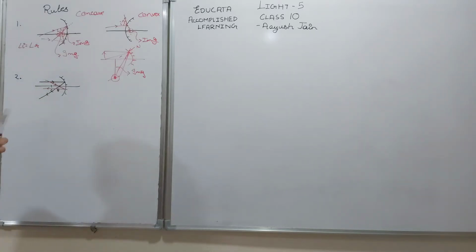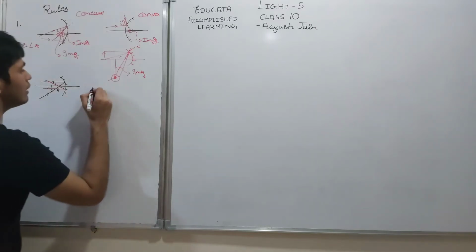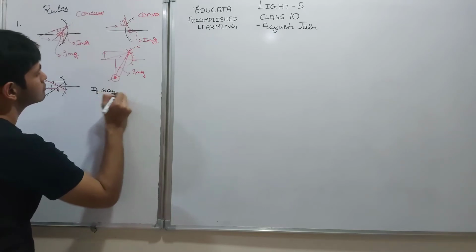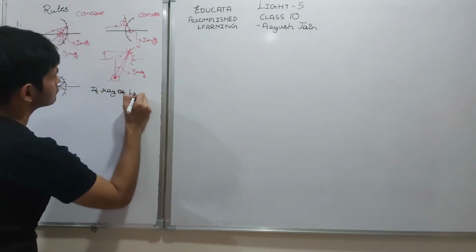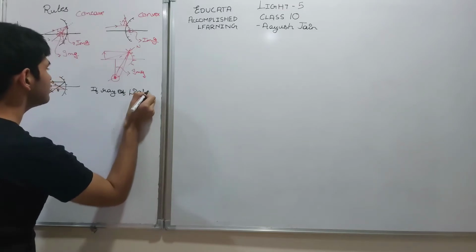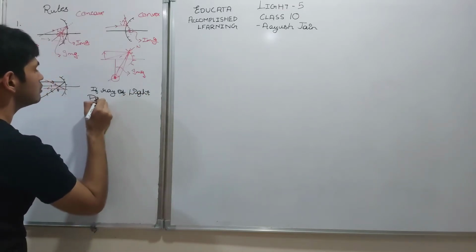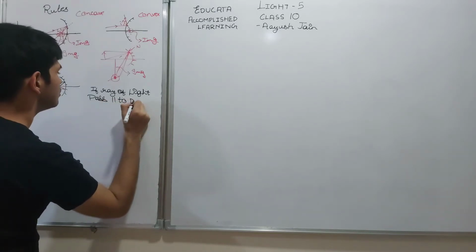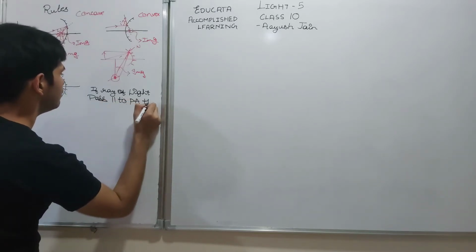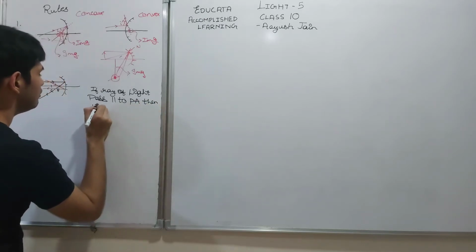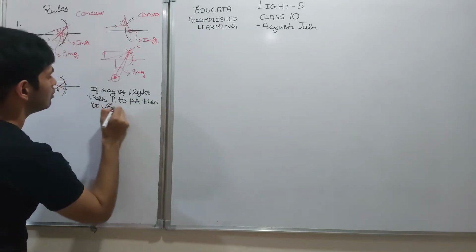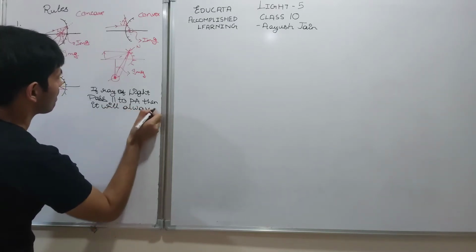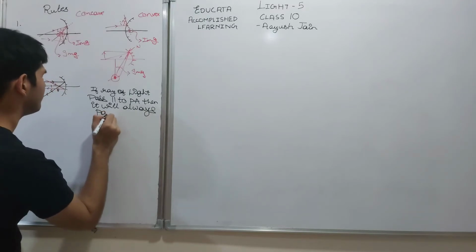Okay, you can write it something like this: if a ray of light passes parallel to the principal axis, then it will always pass through the focus.